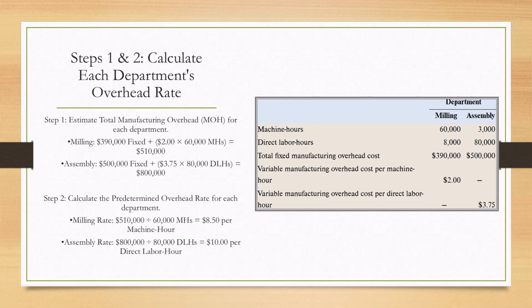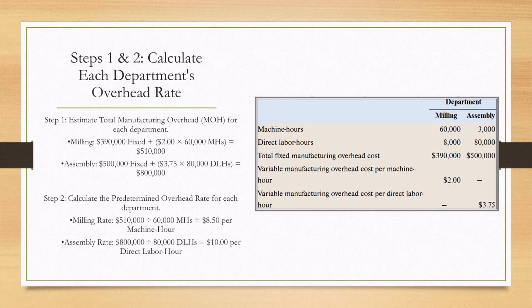This gives us a total estimated MOH of $510,000 for milling. For assembly, we add its $500,000 of fixed overhead to its variable component, which is $3.75 per direct labor hour times 80,000 hours, giving us a total estimated MOH of $800,000.